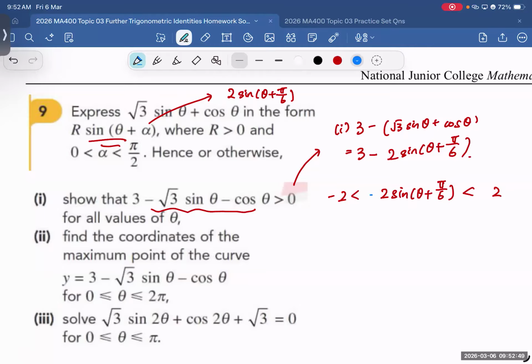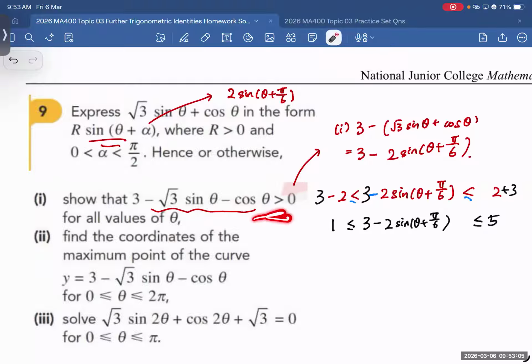to the center, I'm adding a 3 to the left and right. So it's telling me that the entirety of this function is just between 1 and 5, which is also telling me that it will never be 0. It will never be less than 0, right? It will always be positive. Okay? So far, okay? So it's not just procedural.